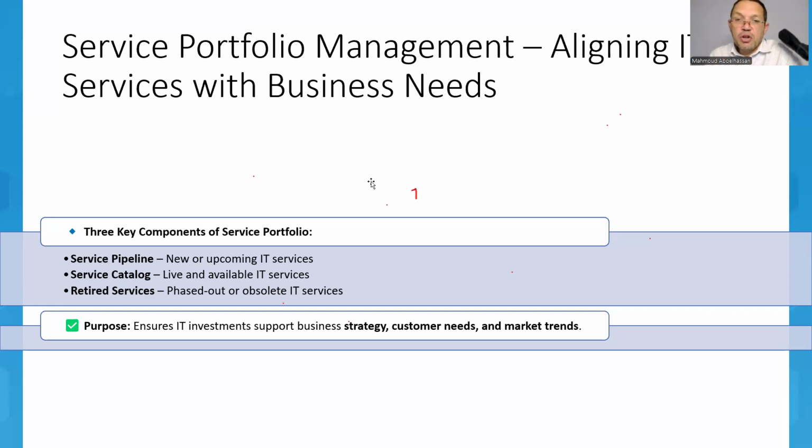Retired services contains the obsolete or phased out IT services. And the purpose of portfolio management is to ensure that the IT investments support business strategy, customer needs, and market trends.